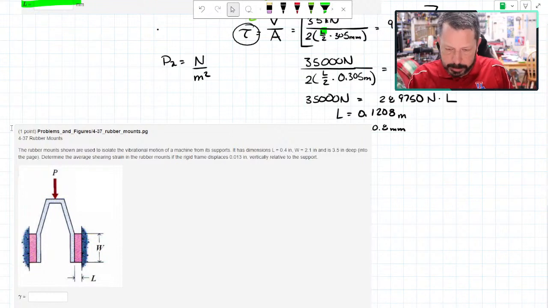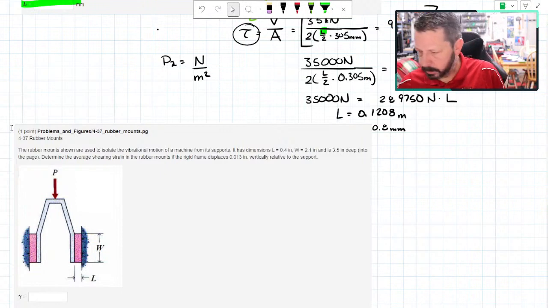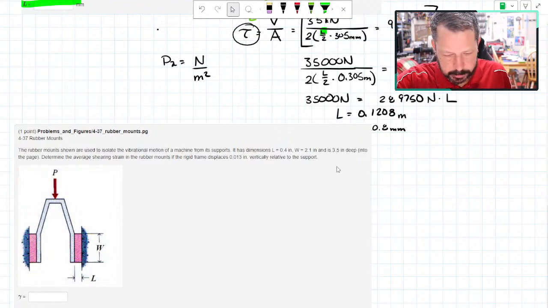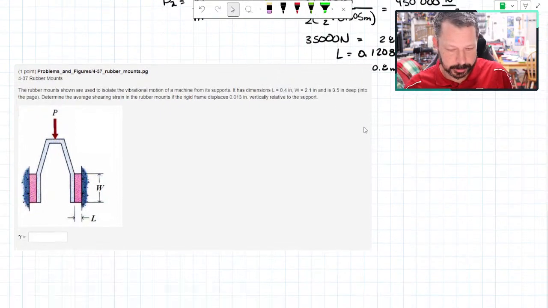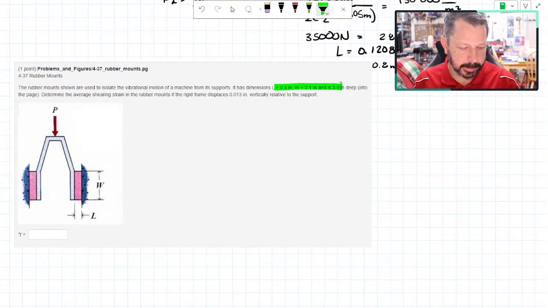And it gives you some dimensions over here in the text. I want to be over here so I can draw on it. What's happening is this little bracket is shearing the rubber mounts.